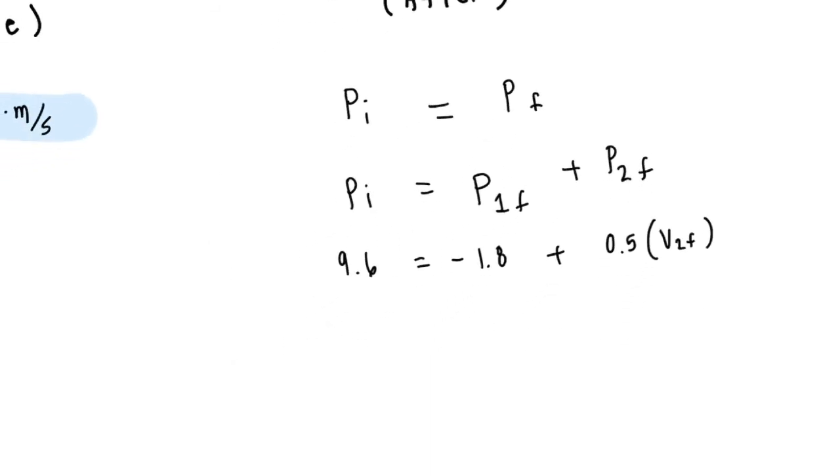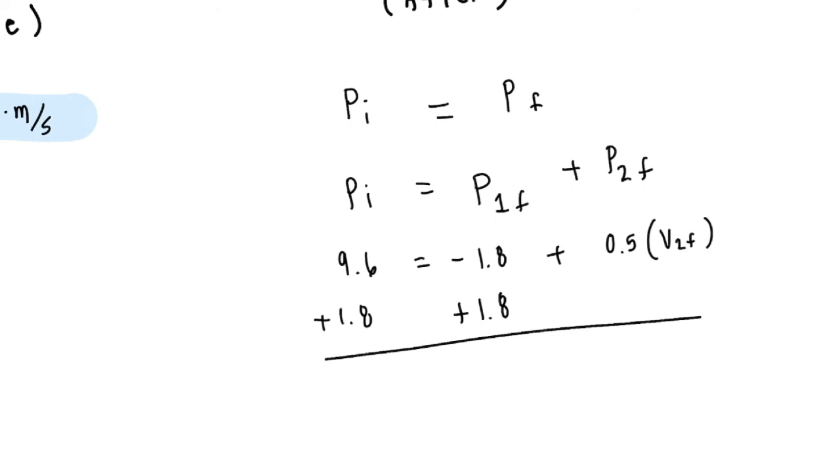All right, so we can't combine those, because this first number is not attached to any variables, whereas the other one is being multiplied by something. So we cannot combine those two. What we can do is add 1.8 to both sides of our equation.